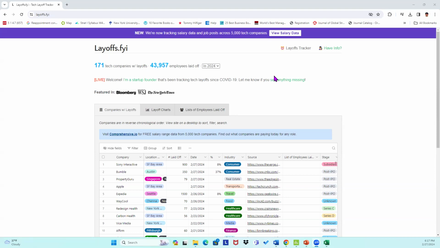So if you see the screen, in 2024 almost 44,000 employees were laid off. In 2023, it's about 260,000, and this is only the tech industry, not the other industries where you are working.